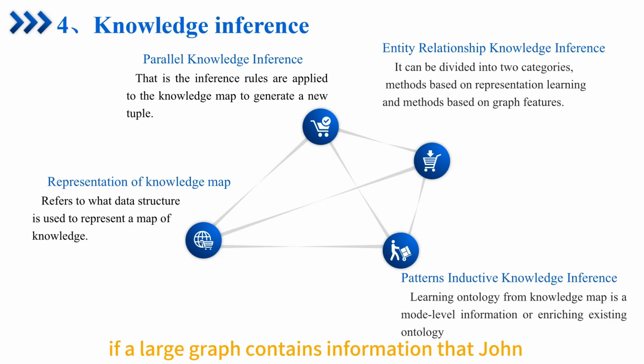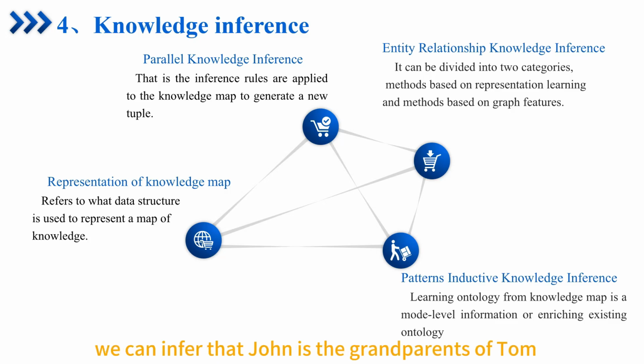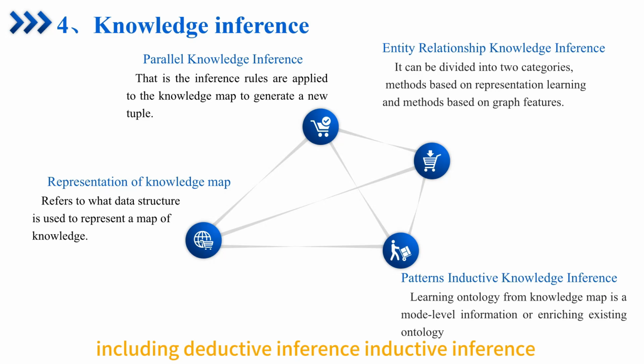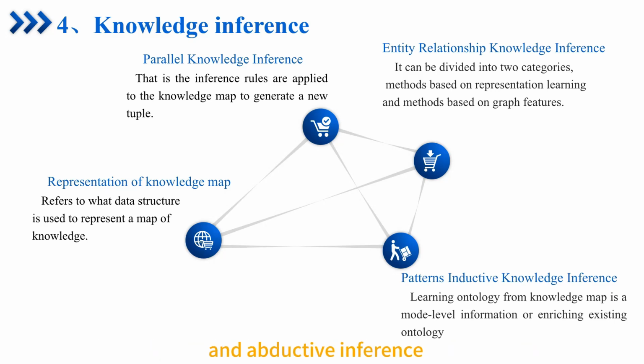For example, if a knowledge graph contains information that John is the parent of Jane and Jane is the parent of Tom, we can infer that John is the grandparent of Tom, even though the fact is not explicitly stated in the graph. There are different types of knowledge inference, including deductive inference, inductive inference, and abductive inference.